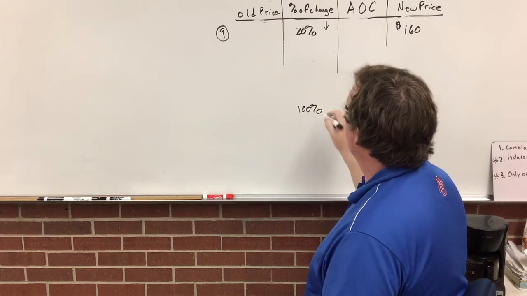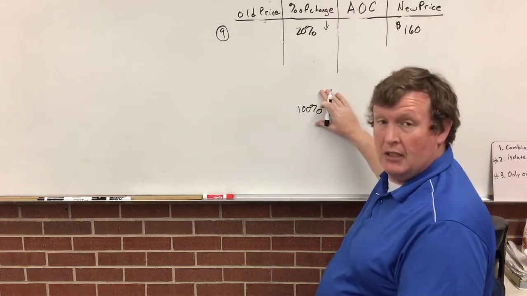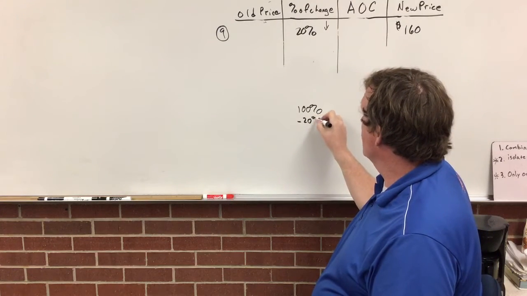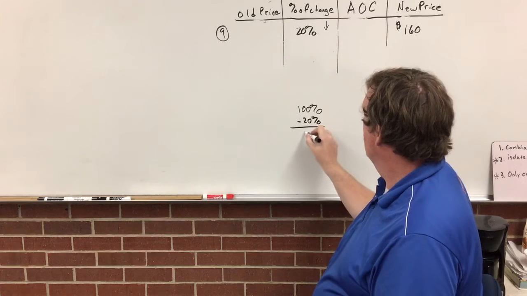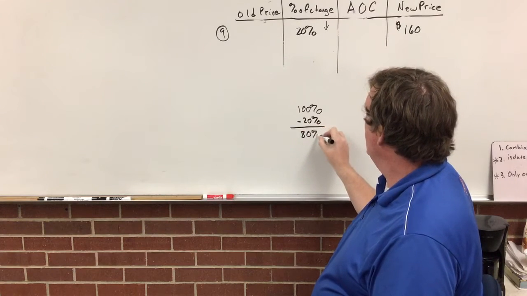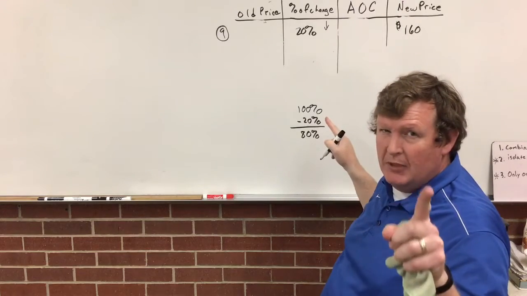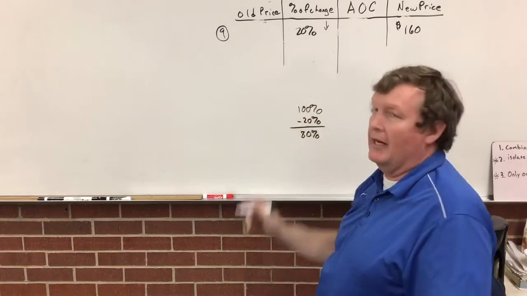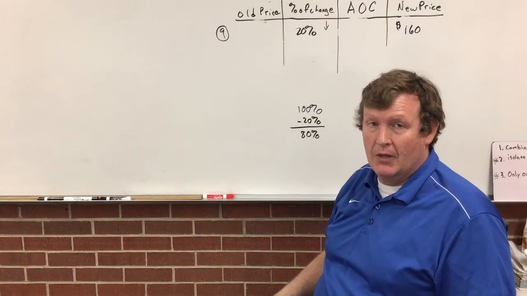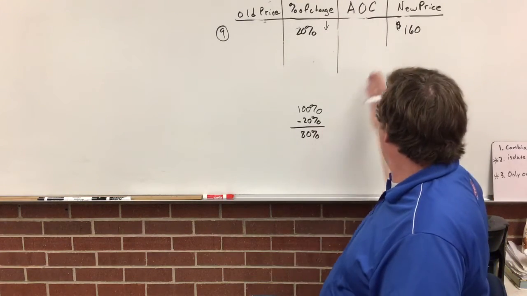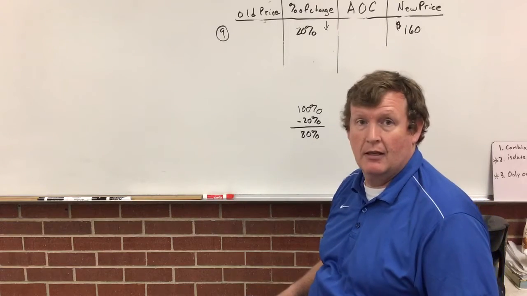Okay? If the old price was 100% and we took off 20%, the new price is 80% of, the word of means multiply, the old price. Does that make sense? So the new price is 80% of the old price.